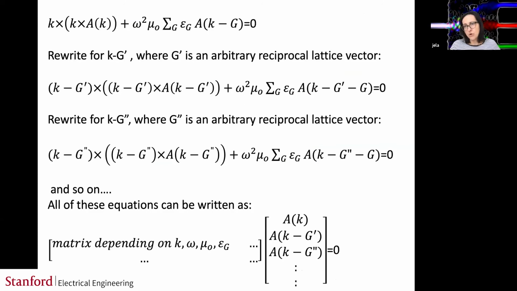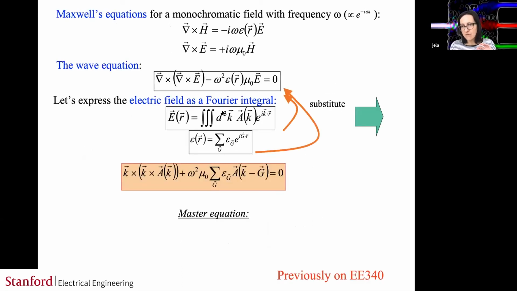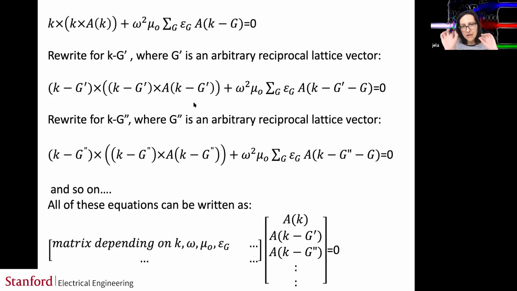So you have continuous K space, but whatever K you pick at the beginning would define a particular reciprocal lattice around that K, and you would only sample A of K coefficients on that grid with a certain set of equations. But the E-field expansion is along continuous A of K, right? We have a Fourier integral that goes from 0 to infinity in all directions in K space. But this master equation only couples discrete values of A of K on a reciprocal lattice. Okay, so they're quite different.